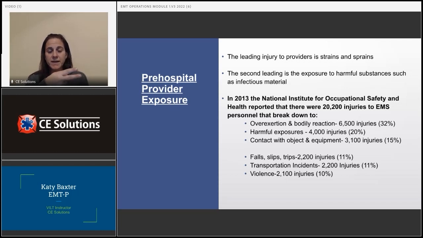So that's your second leading cause is exposures. Contact with objects and equipment is going to take 15%. Falls, slips, and trips, which I personally thought was way more than this, but it's 11%. Transportation incidents are 11%. And violence will account for 10%.